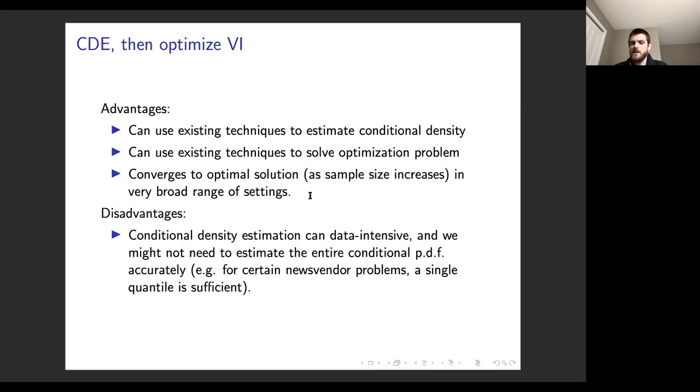We might just need certain elements of key information. So for example, a classic result in newsvendor problems is that the optimal solution is a single quantile that depends on the cost of buying and selling a newspaper. And so if you're looking at one of those problems, really all you needed to do was estimate a single quantile. But in this approach, you estimated an entire density.